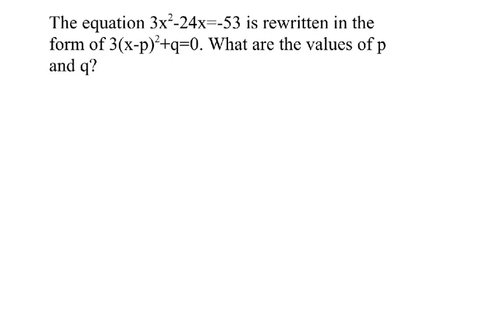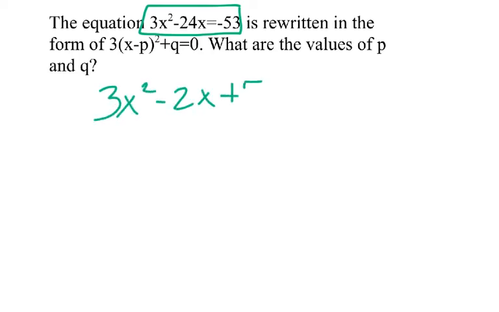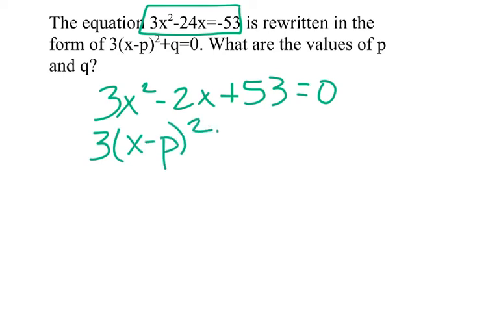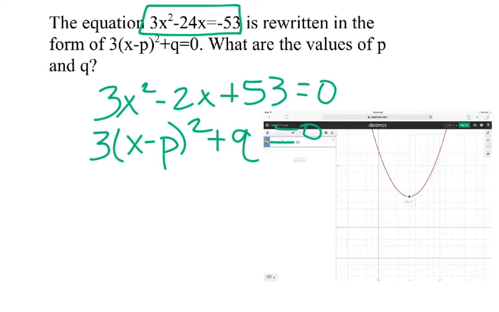All right, so I want you to do another one. We're going to take this and set it equal to 0, so we need to move the 53 over. I want you to graph it and find the vertex, and then we're going to plug the vertex in and answer the questions. So graph it in 1, 2, 3.